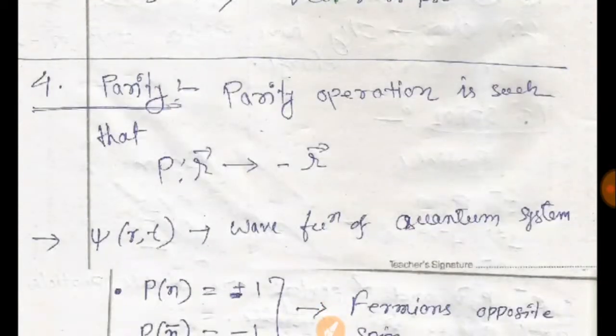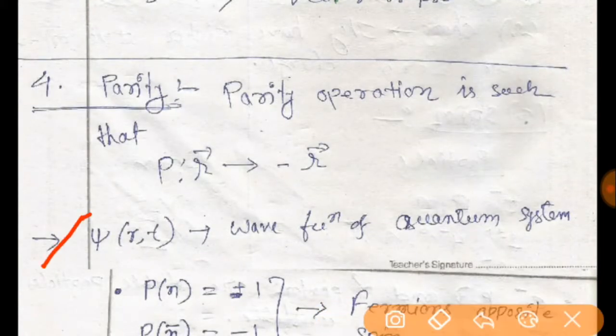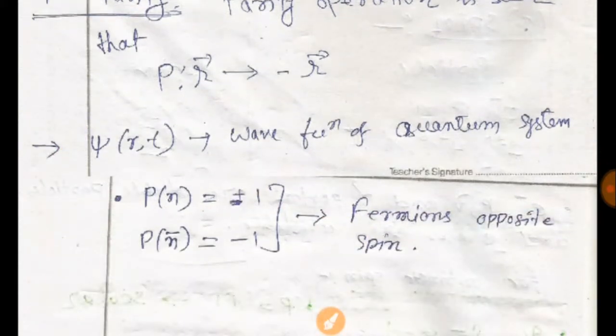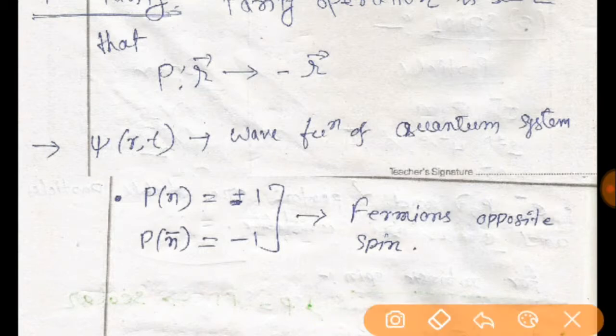Another term is psi(r, t), the wave function of the quantum system. The parity for neutron is +1, and for antineutron it is -1. Fermions and antifermions have opposite parity.